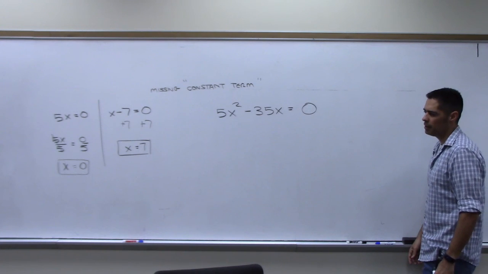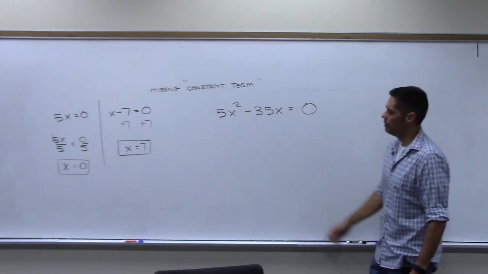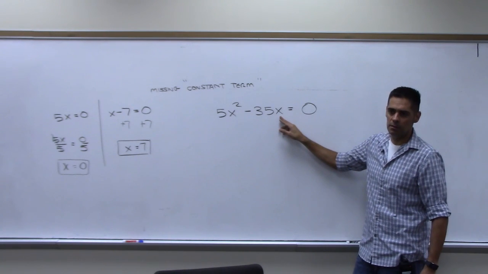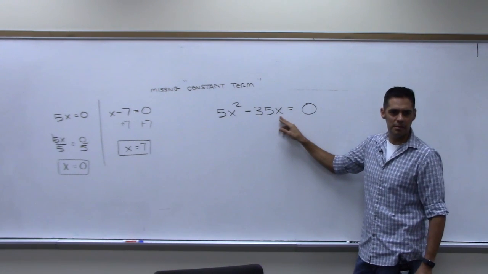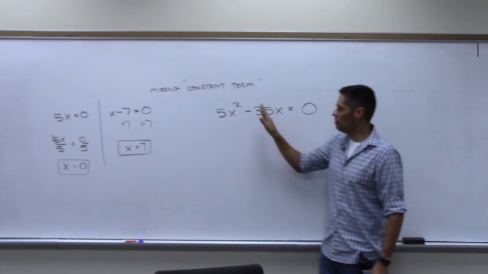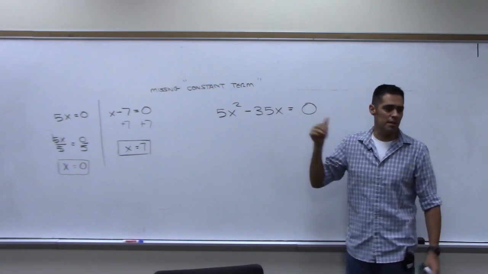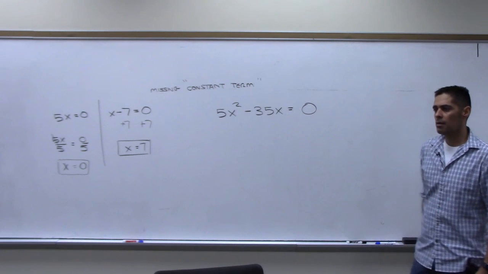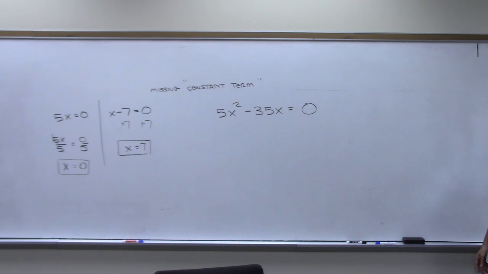Is that right? 245. What's 35 times 7? It better be 245. So if you plug in 7 here and 7 here, they will subtract out and give you 0, which checks out. Understand? No questions?